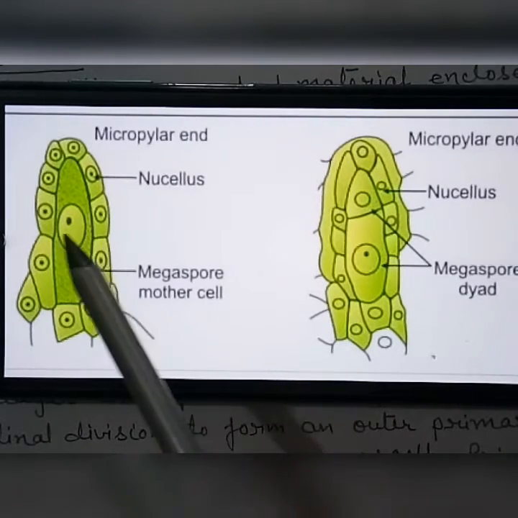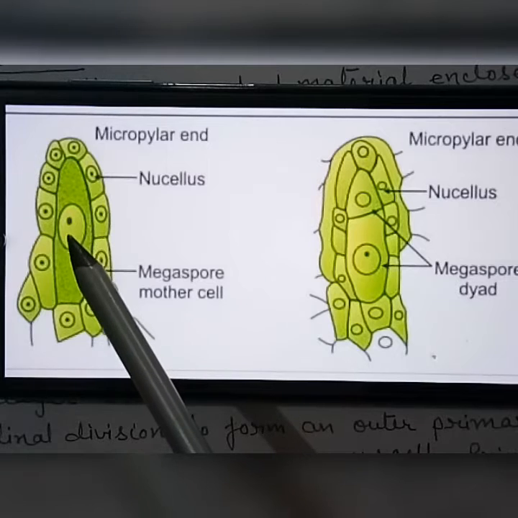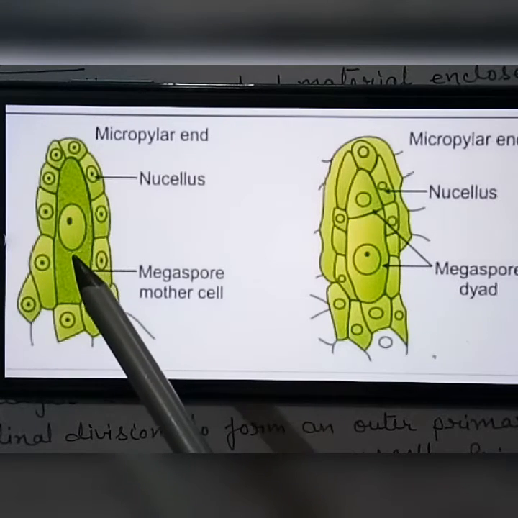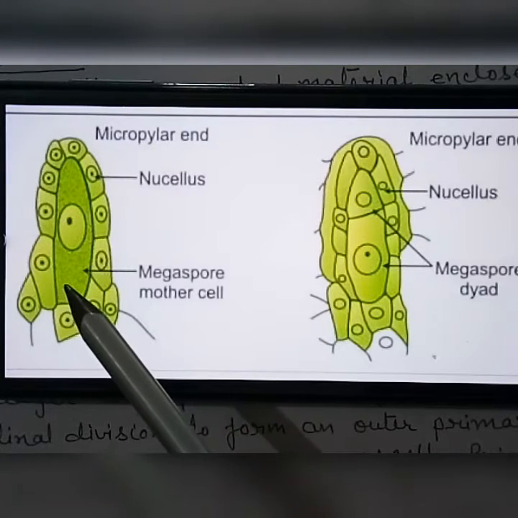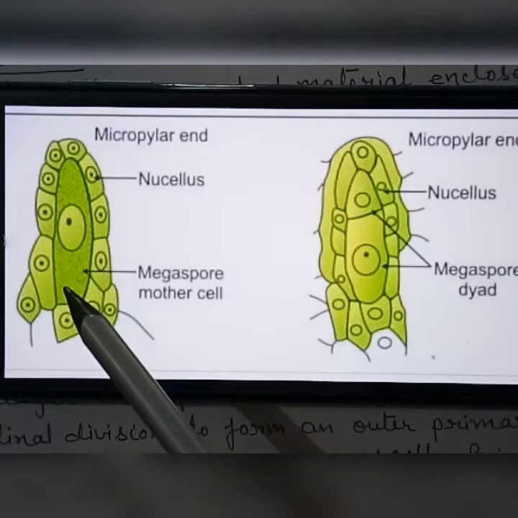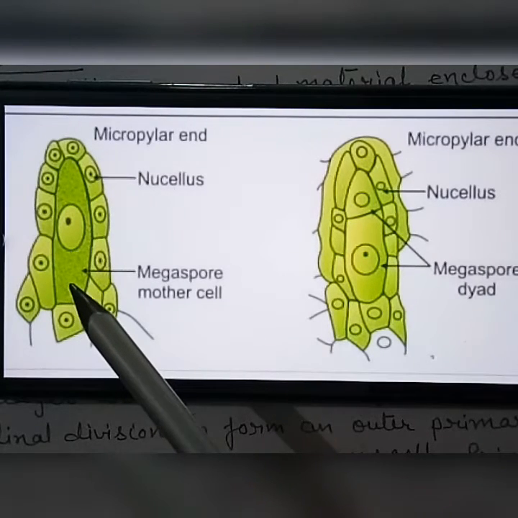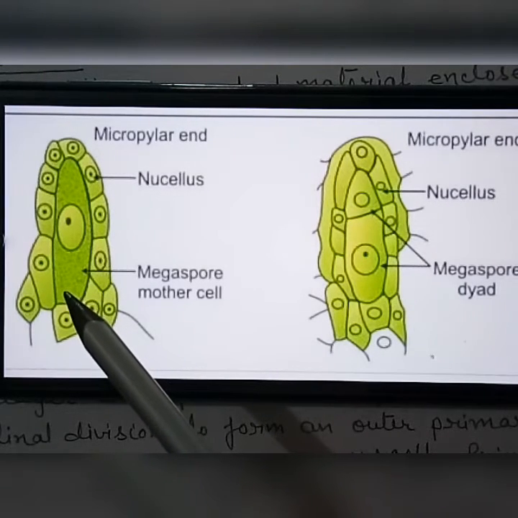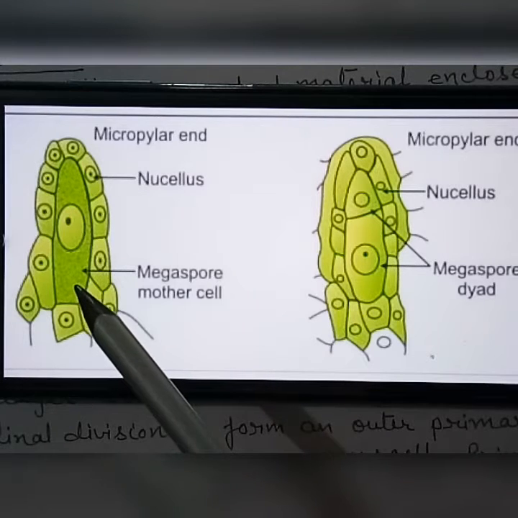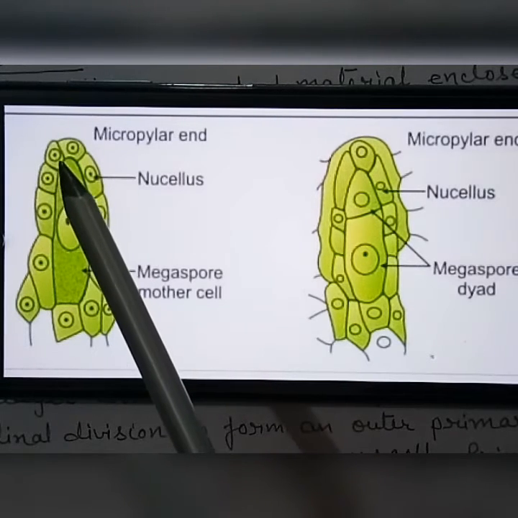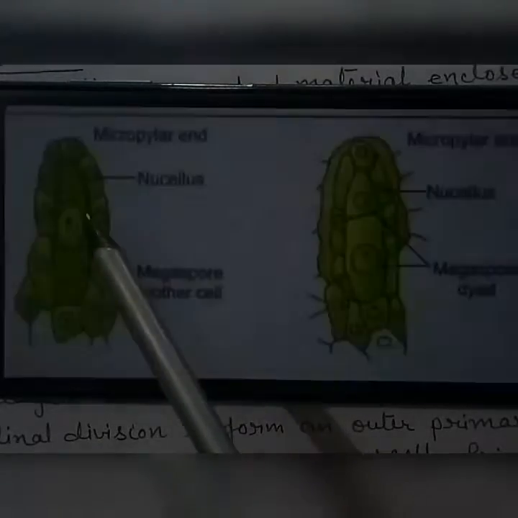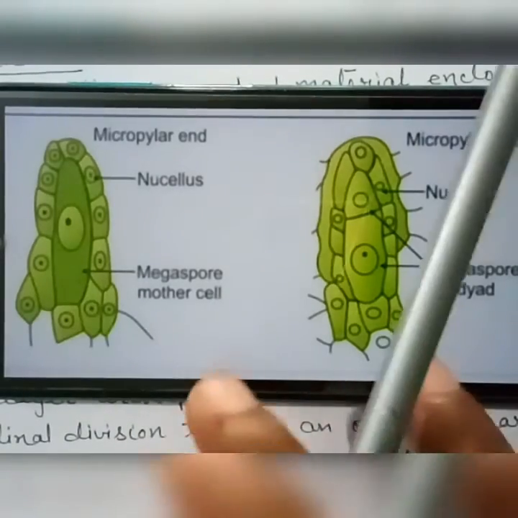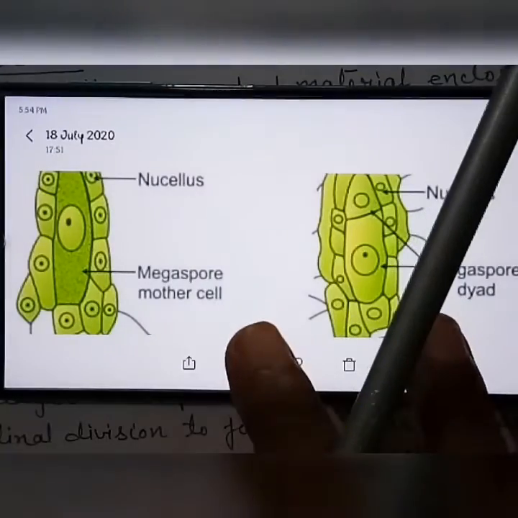The differentiated cell is called the archesporial cell, which is involved in formation of the megaspore mother cells. So a primary archesporial cell divides by mitotic division, forming two daughter cells, one formed toward the micropyle called the primary parietal cell, another formed opposite called the primary sporogenous cell.